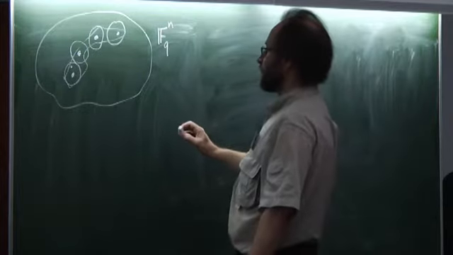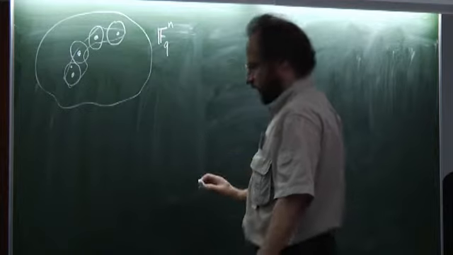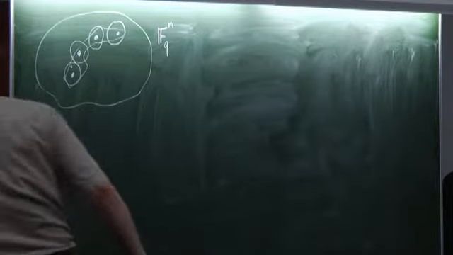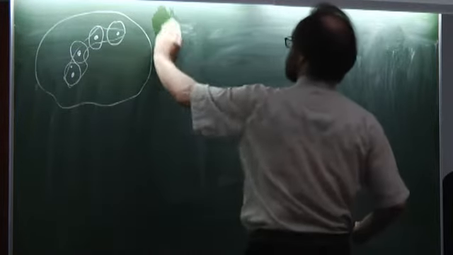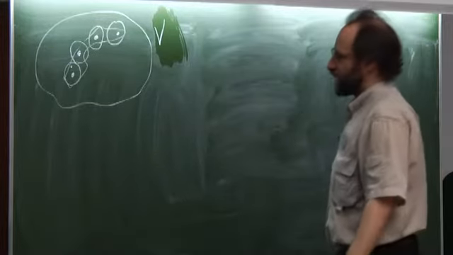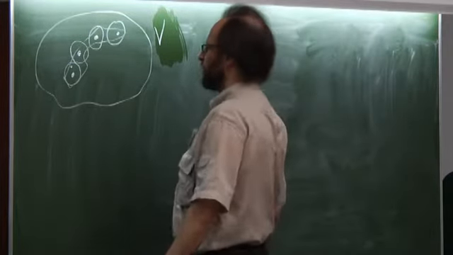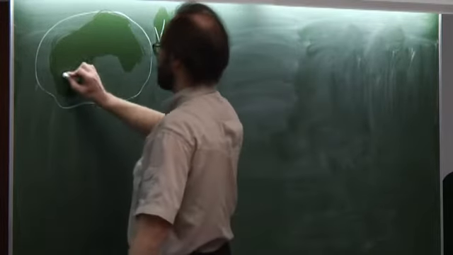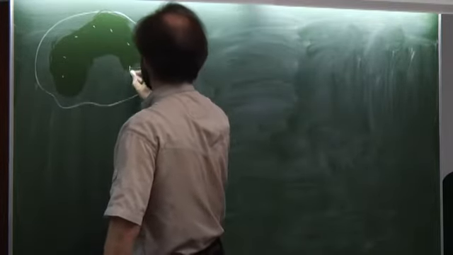Suppose that instead of F_q to the n, you just have something, say V, a metric space with a measure. Then you have a subset here, which may be finite or infinite depending on V.